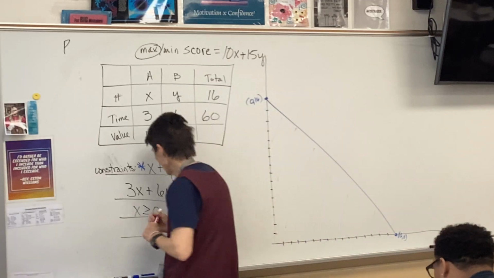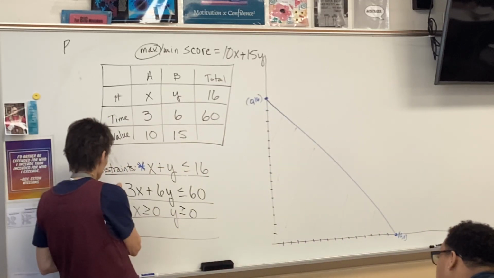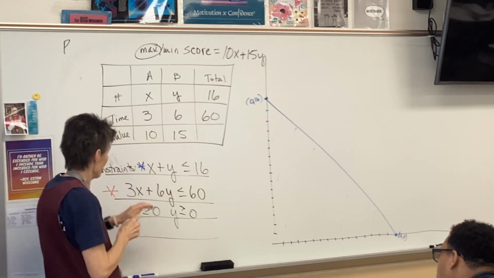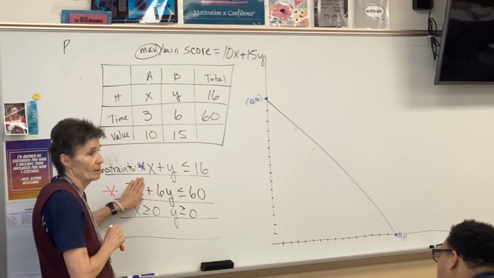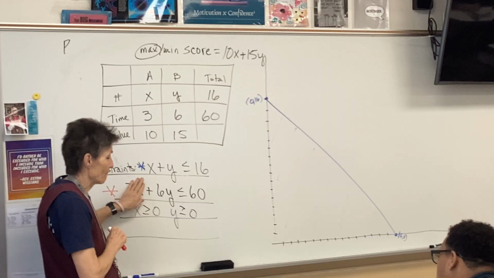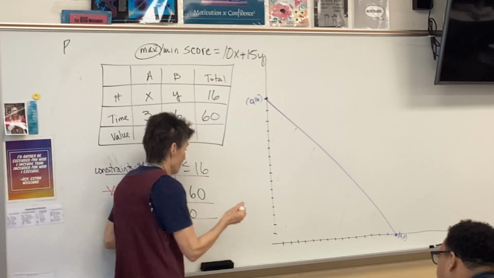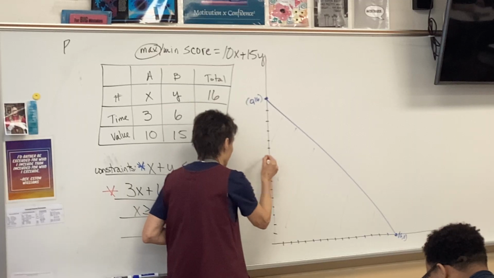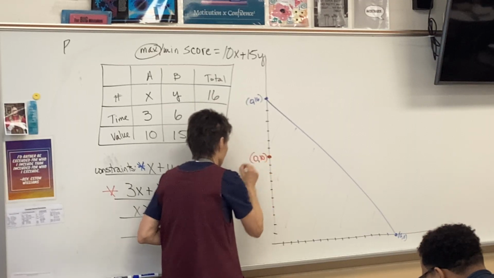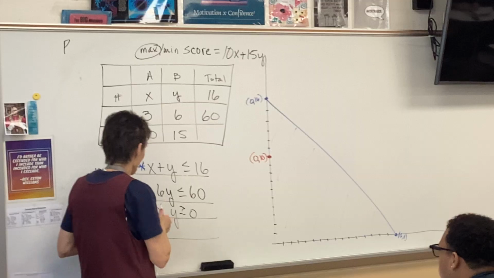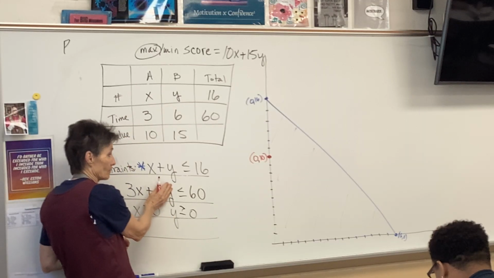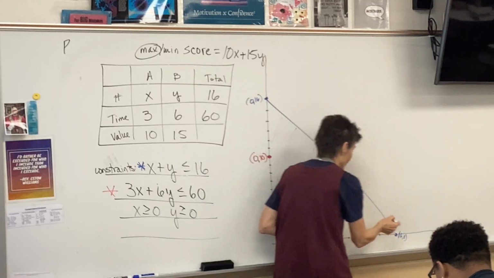Now I'll get my red marker out, and I'm gonna do the same thing with this equation. So if I cover up x, what's y? 10. And if I cover up y, x is 20.